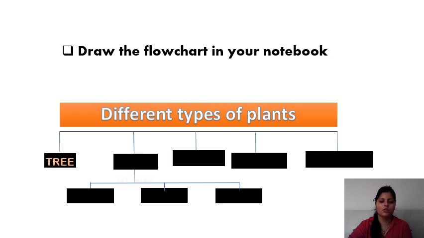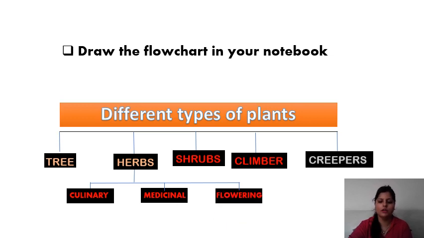Tree, herbs, shrubs, climber, creeper, and again the herb. The herb is again divided into 3 categories: culinary herb, medicinal herb and flowering herb. So you need to draw this flow chart in your notebook. Okay, clear? Okay, fine.